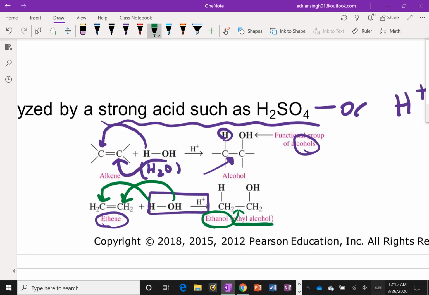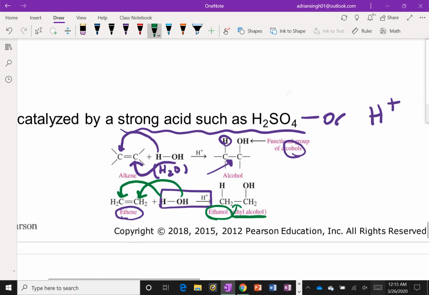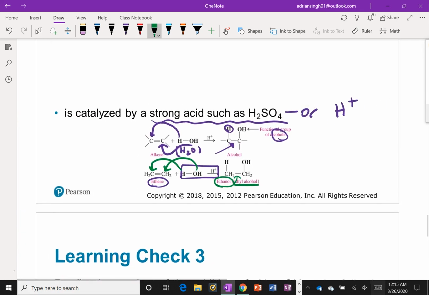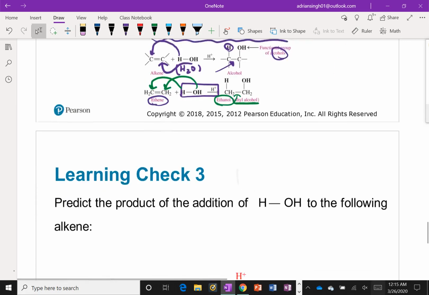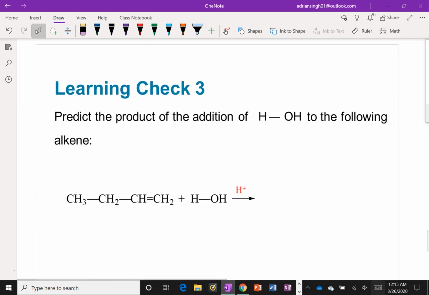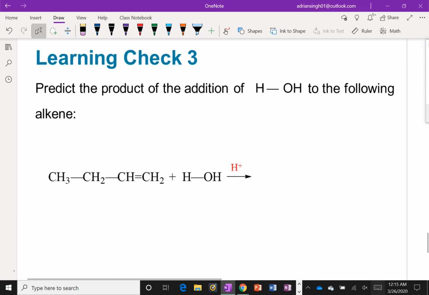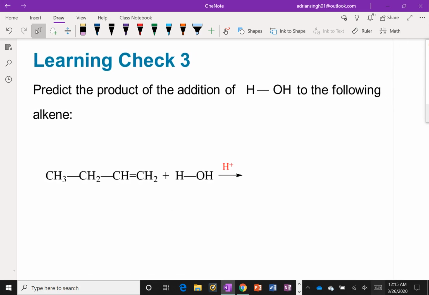That's the active ingredient in your alcoholic beverages. This is actually one way to make ethanol, but as you probably know, it's made on a larger scale by the fermentation of sugars. All right, so let's apply that idea now, and we'll talk about one other characteristic of the hydration reaction.